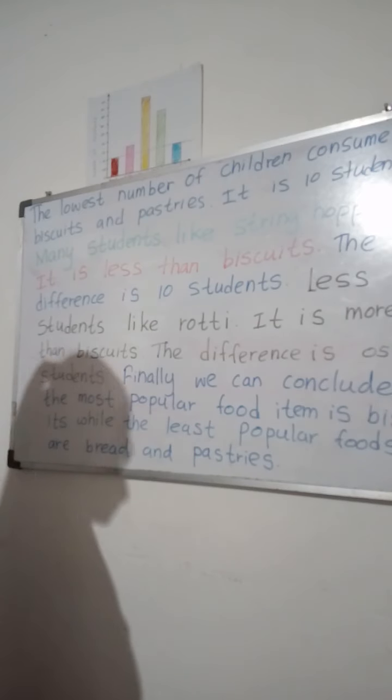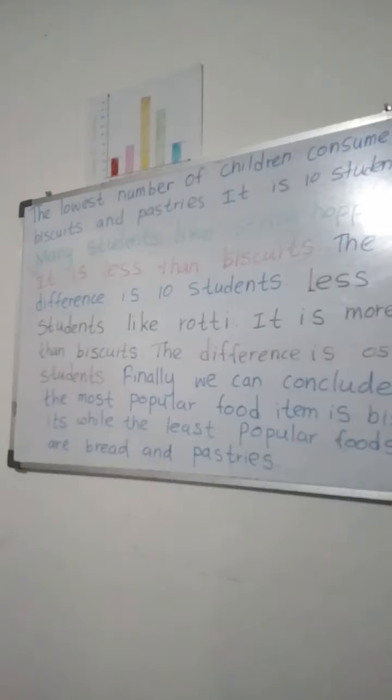Okay. As our last sentence we can write, finally we can conclude the most popular food item is biscuits, while the least popular foods are bread and pastries.